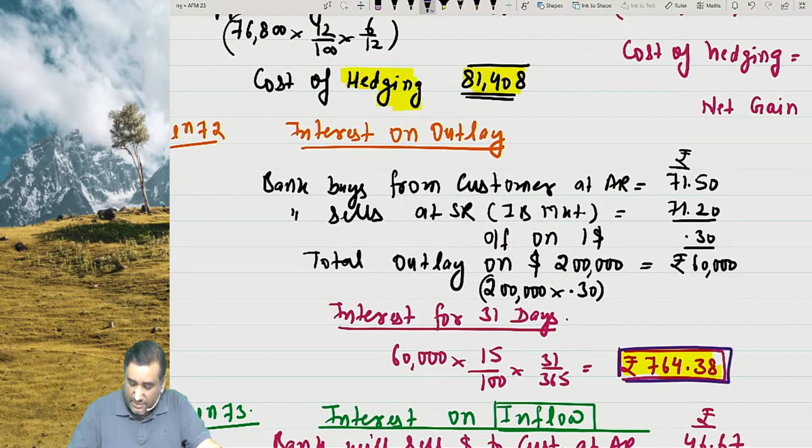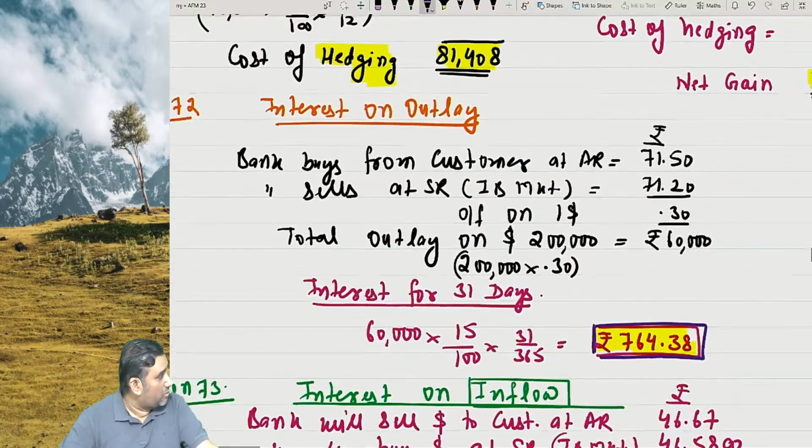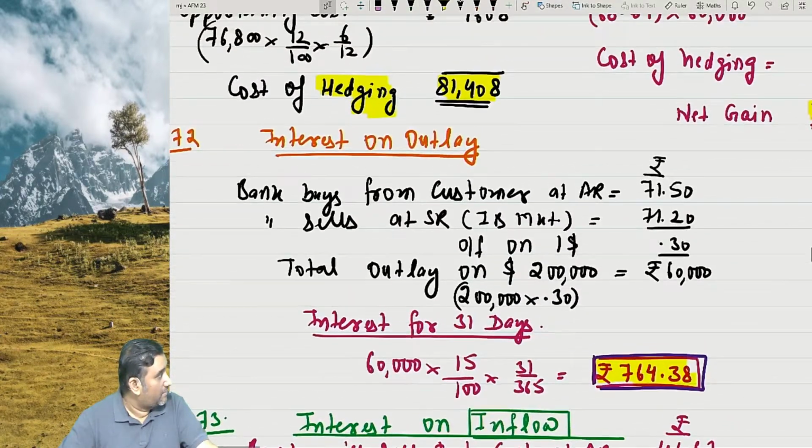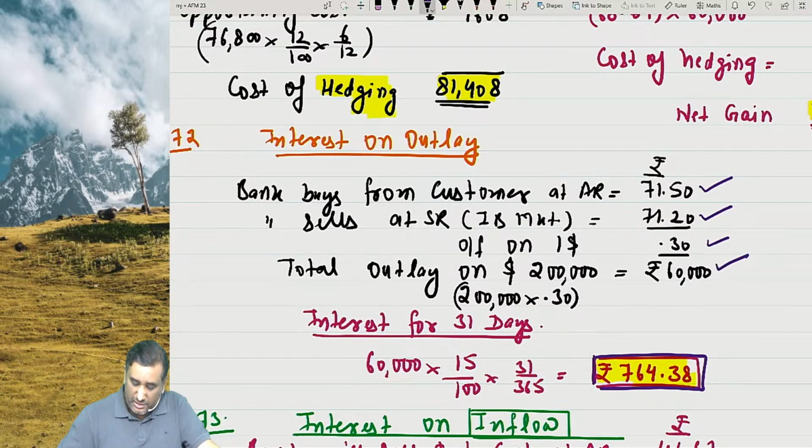This comes as my first answer, interest on outlay. Second part I'll show you once you've done this. He bought from the customer, sold in the interbank market, outflow 60,000, 31 days, interest 764.